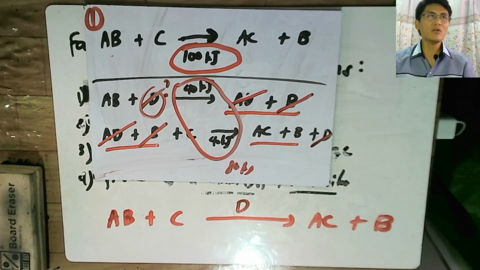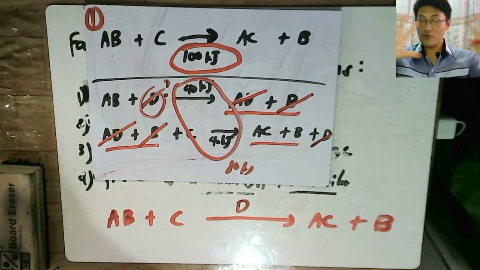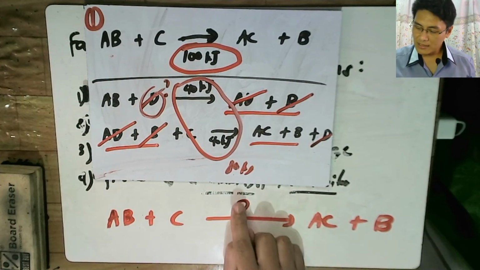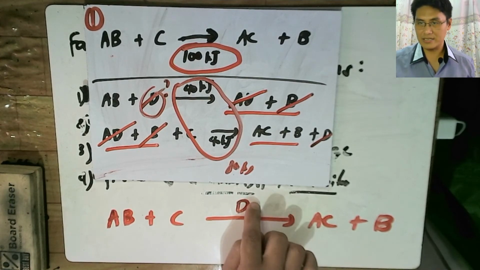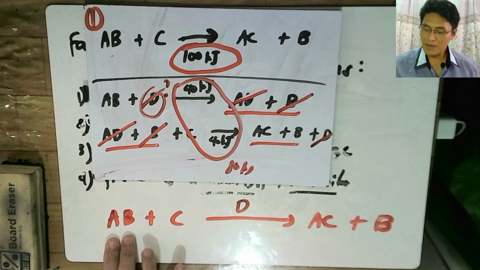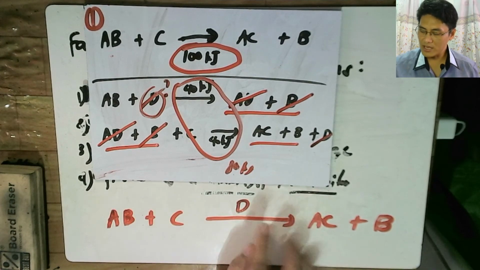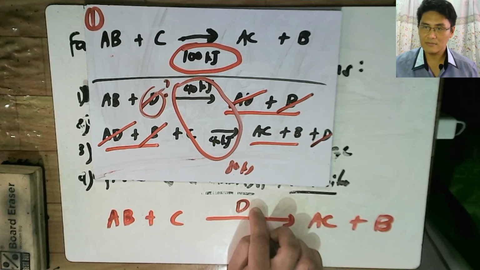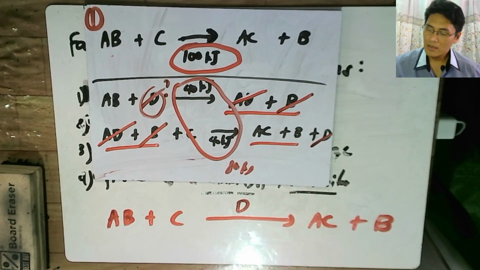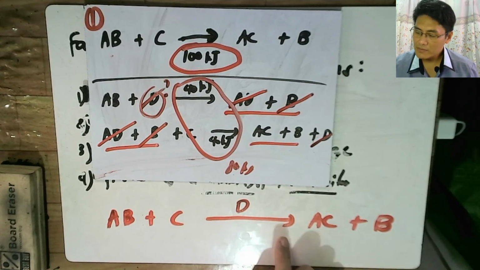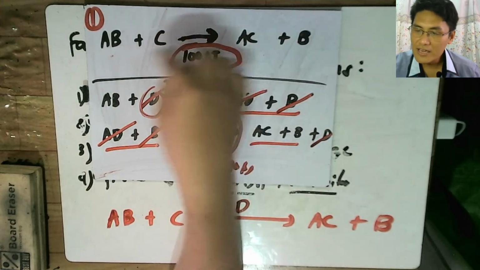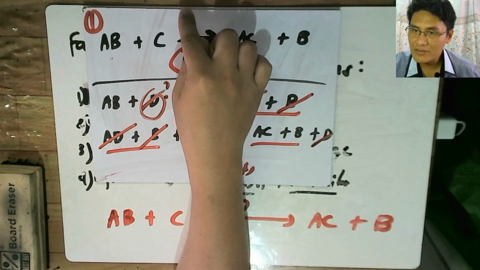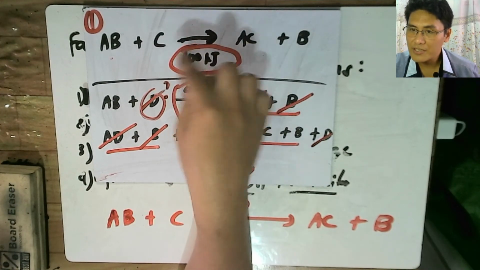So if you remember our chemical formula, whenever you write a chemical above this arrow, this is a catalyst. So that means that A and AB plus C will react only if D is added. Right? So guess what? Without the D here, without the catalyst D, it takes 100 kilojoules.